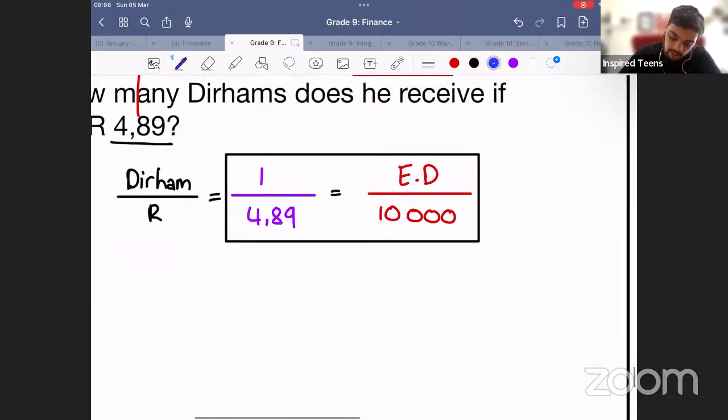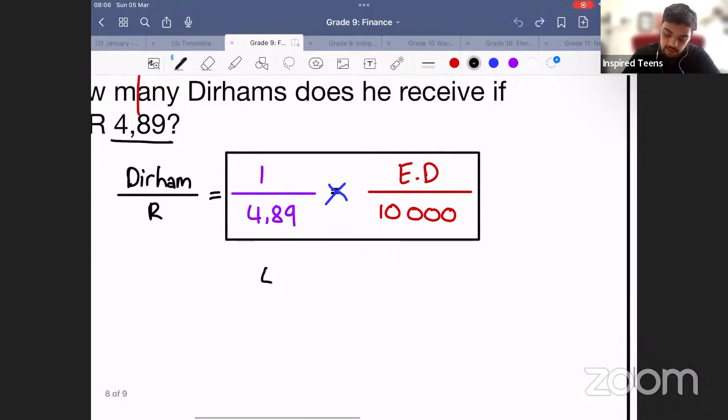So when we have something like this, we can then cross multiply. So we get 1 times the dirham amount, basically. Let's just call it X, I guess. 1x is equal to 10,000 times 4.89.